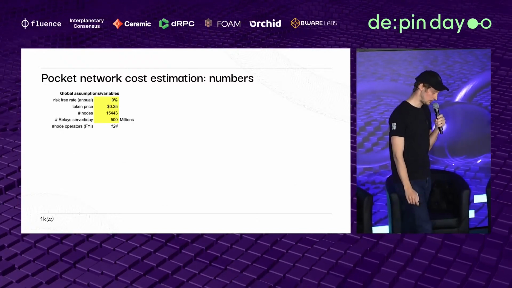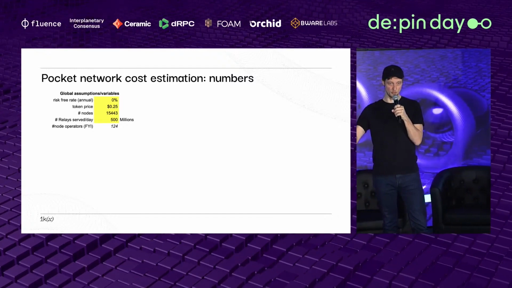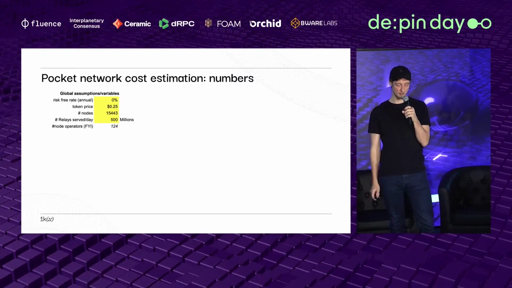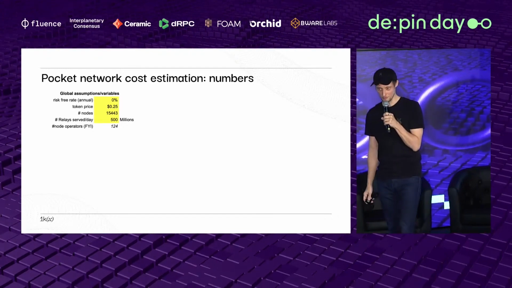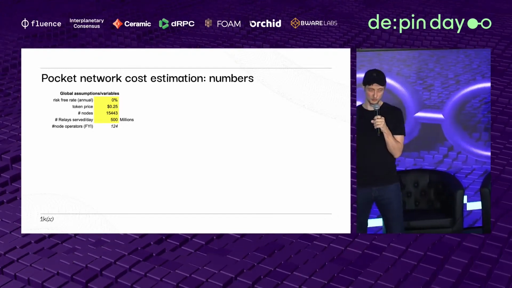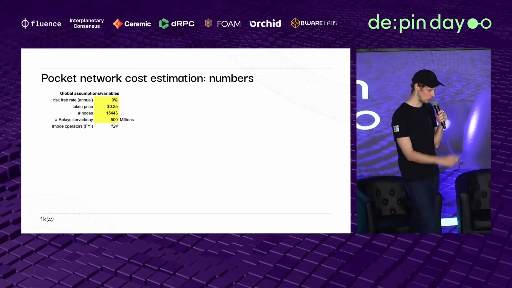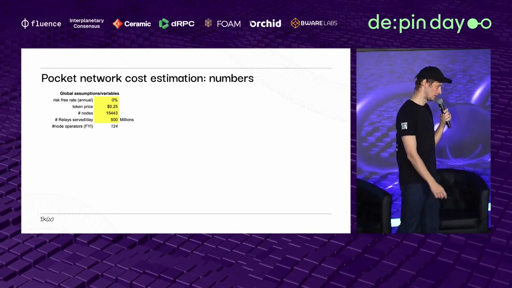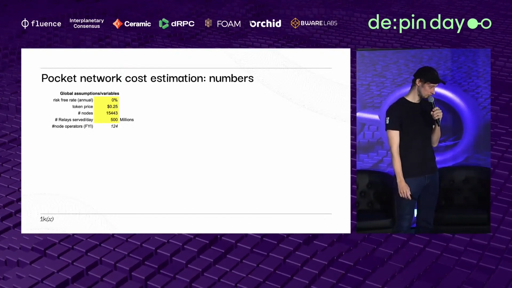And yeah, I don't want to go too much into the details of what the data is exactly on these cost estimates. No worries, there will be a link at the end for the survey if you're really interested in it. It was quite interesting to go that deep. But just to show you the numbers that we have, we start with some assumptions, right?